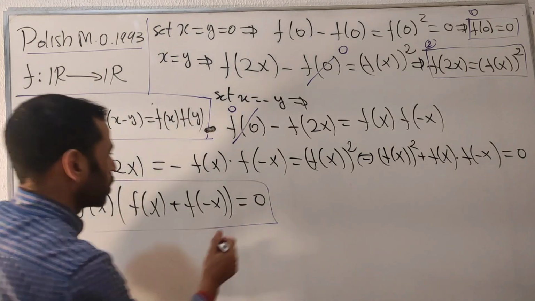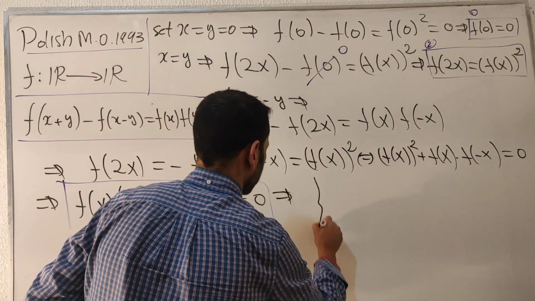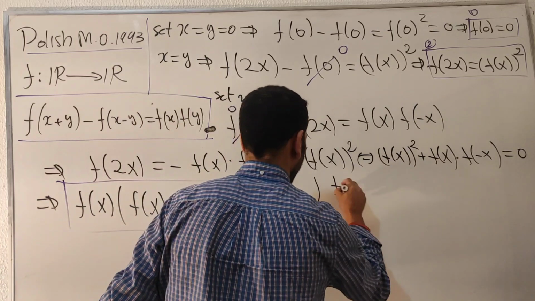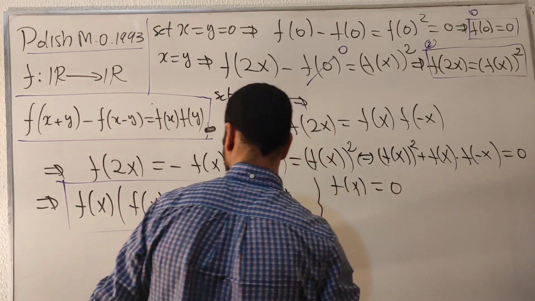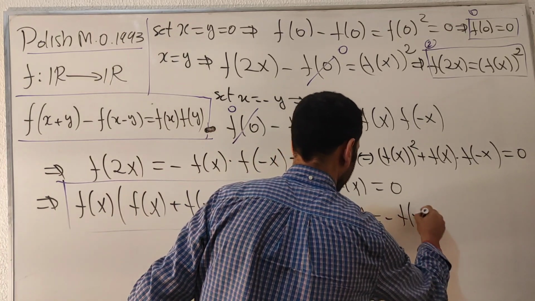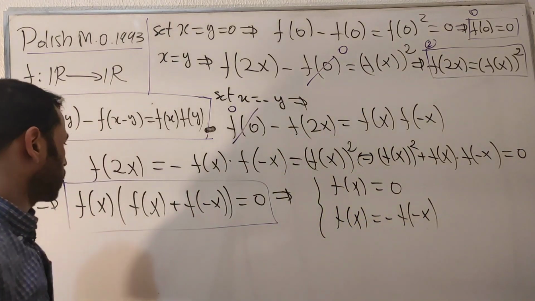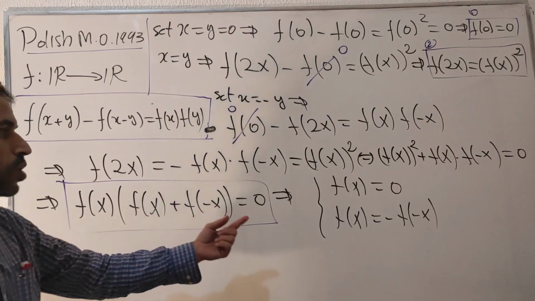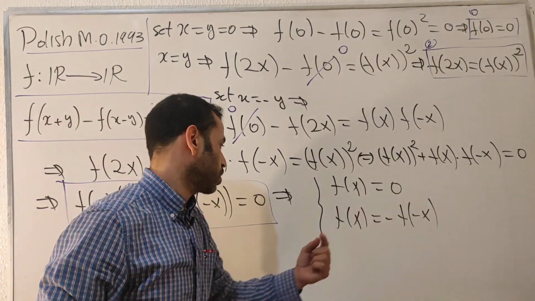So this one is telling us I have two things here. I have f of x equals 0 or f of x equals minus f of minus x. If we have f of x equals 0, it is given as f of x equals 0.